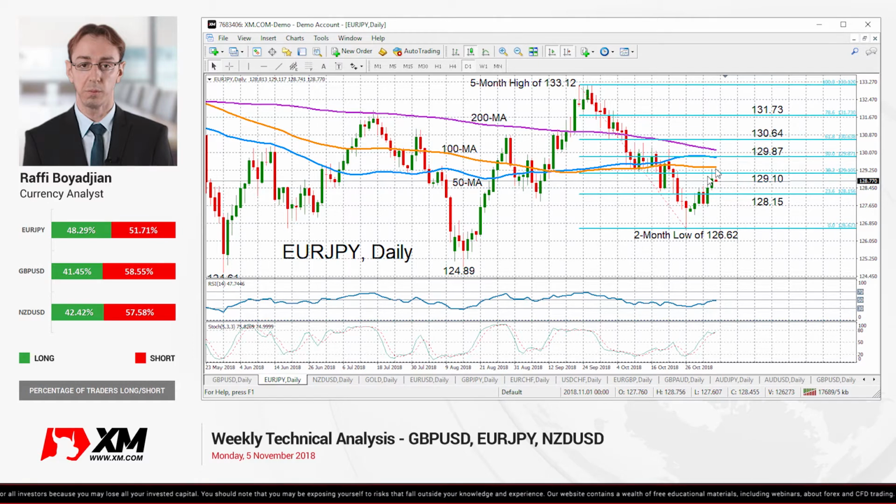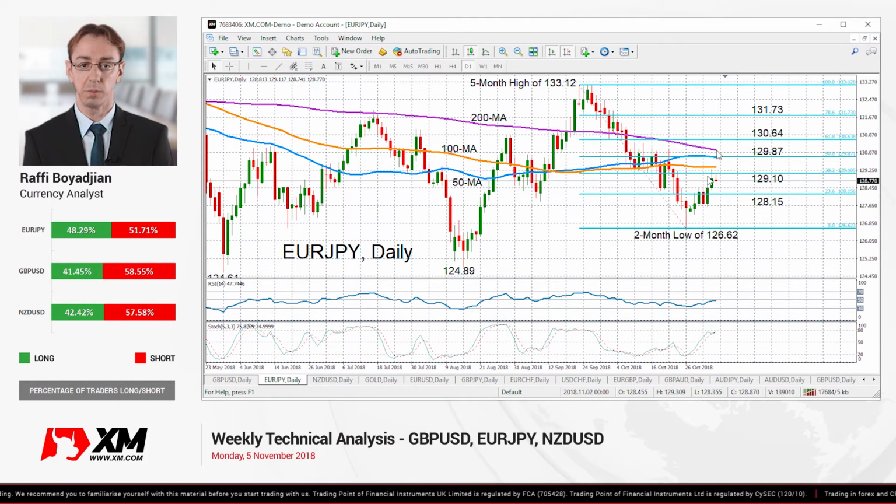We would need to see a break above that 100-day moving average, and even better if there was to be a climb above the 129.87 level, which is a 50% Fibonacci retracement of the downleg from 133.12 to 126.62.